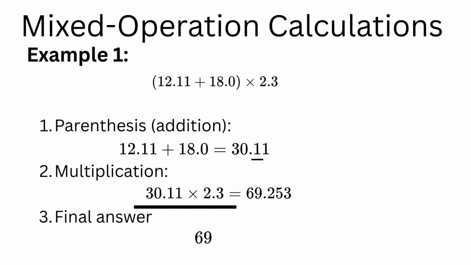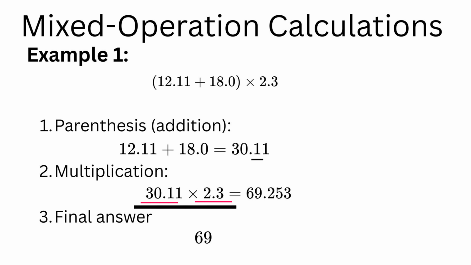But 2.3 has two significant figures, whereas your first operation, 30.1, remember you underlined that one, that had three significant figures altogether. This is how many digits you were allowed to keep, but you didn't round at that stage. So 3 significant figures versus 2 significant figures, you are allowed to keep 2 significant figures in your final answer.